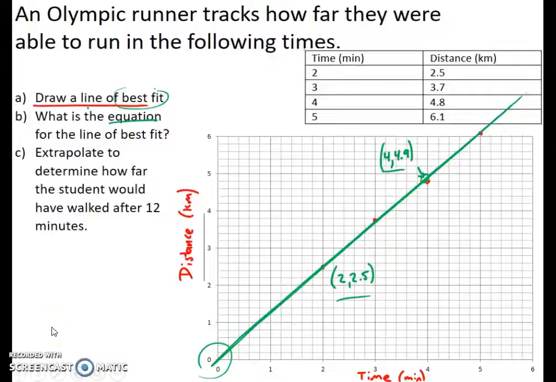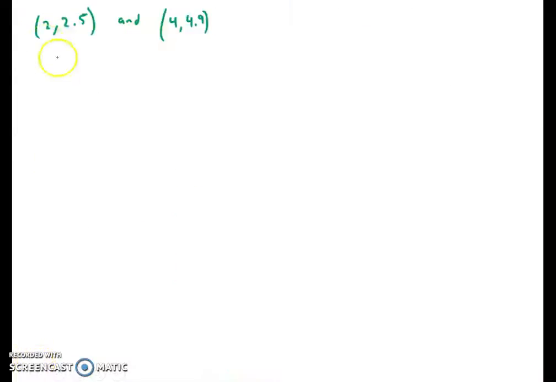So this might be a review from math in the past. So here are my 2 points. To figure out the slope, for an equation of the line, it's y equals mx plus b. This m is your slope. So to figure out that slope of my line, I do y2 minus y1 all over x2 minus x1.